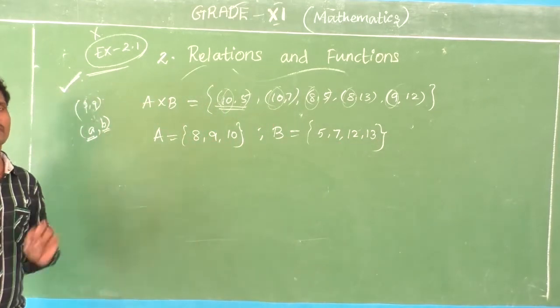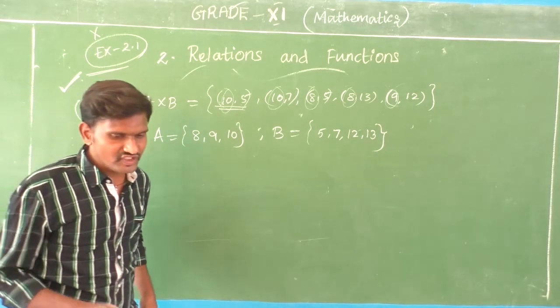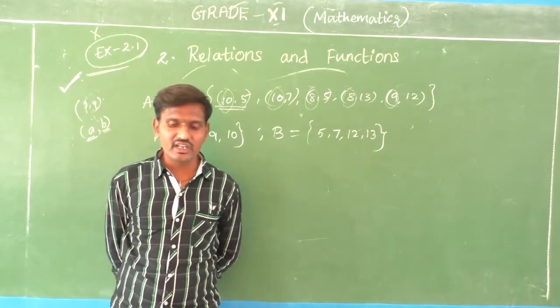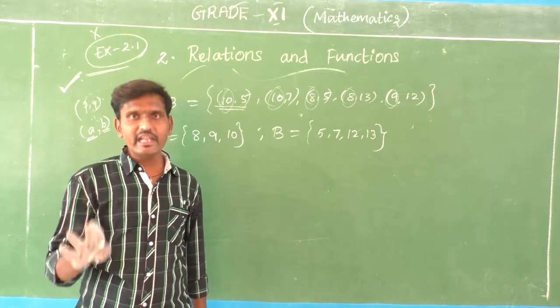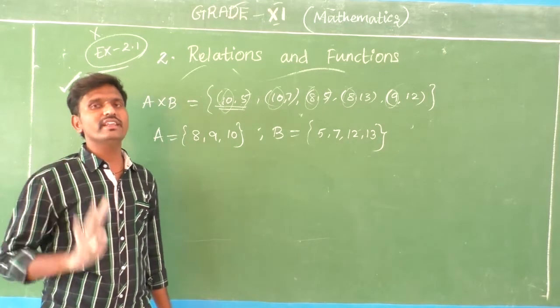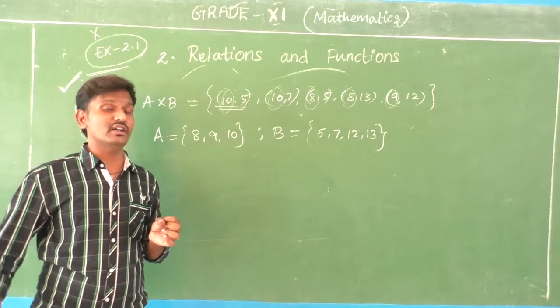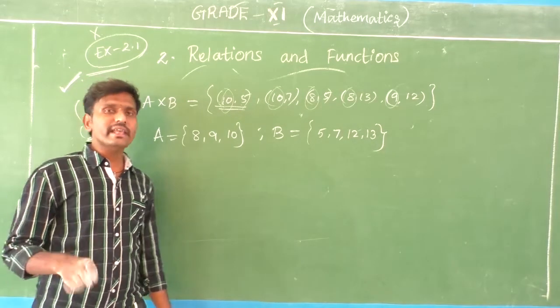Okay? Have you got it, children? And one more thing, the remark on page number 31: two ordered pairs are equal if and only if the corresponding first elements are equal, and also the corresponding second elements are equal.